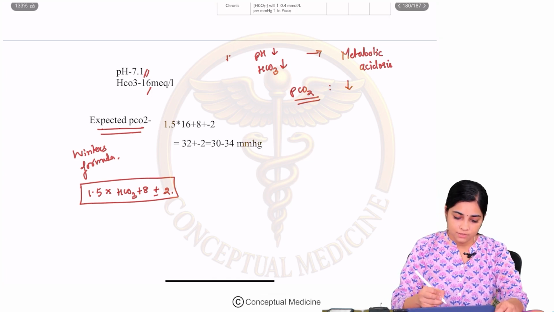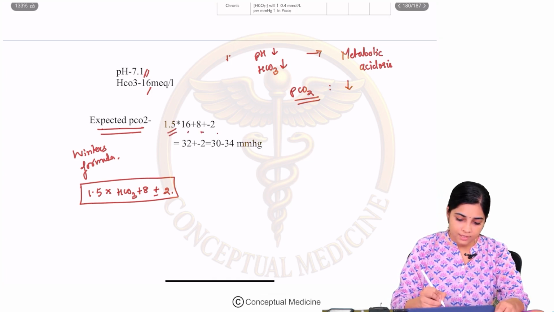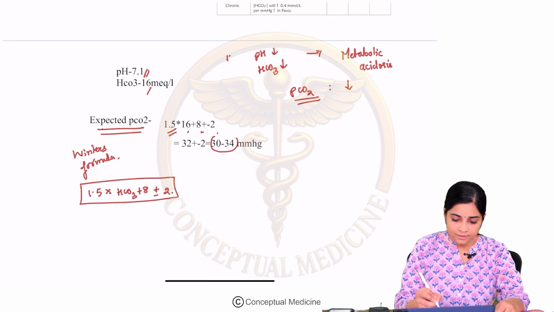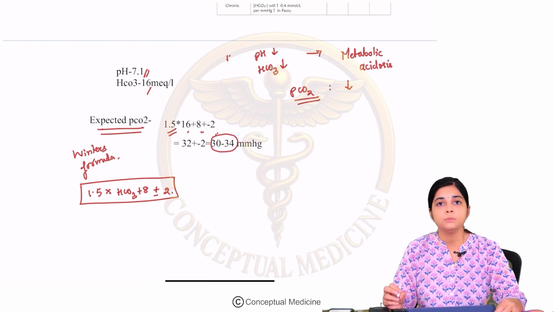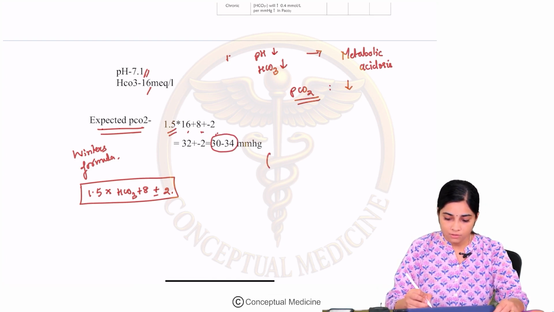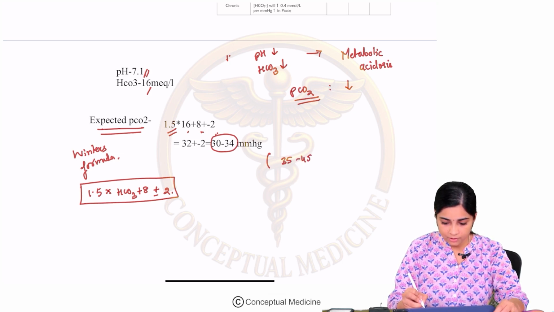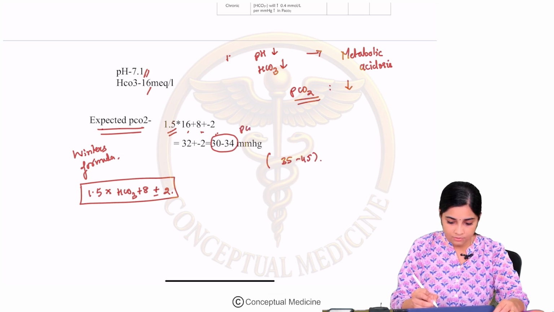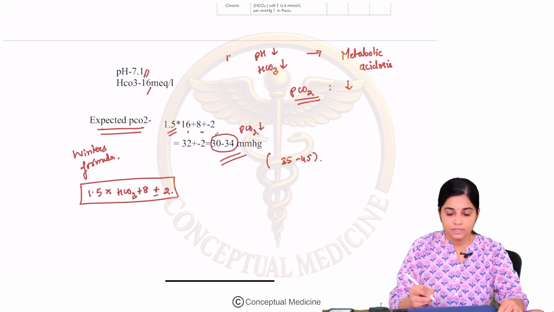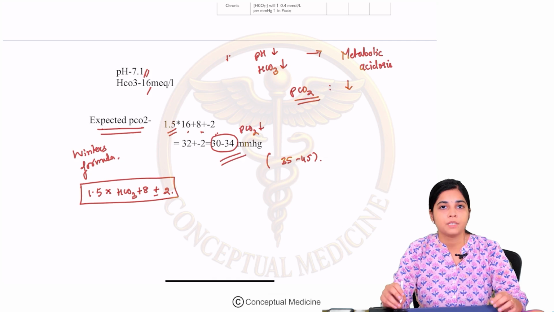You substitute: 1.5 into 16 plus 8 plus or minus 2, and it will be in the range of 30 to 34. The normal range of PaCO₂ is around 35 to 45, so you can see that the PaCO₂ is reduced. This is the expected PaCO₂ that your ABG should be showing. So this is about compensation for primary metabolic acidosis.